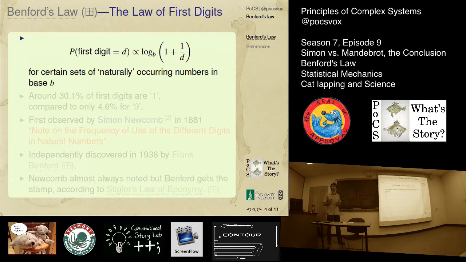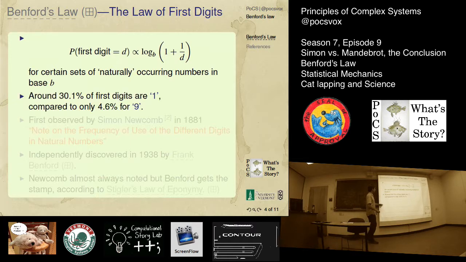You would just never suspect that this would matter. There's a law for the second digit, but it's much more attenuated in the third digit. So around 30% of the first digits where this works are a 1, right? Almost a third of them are 1s, compared with only around 5% for 9.